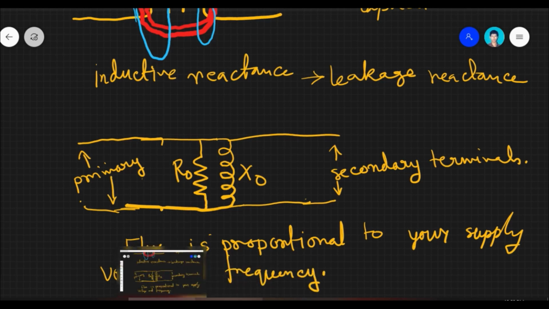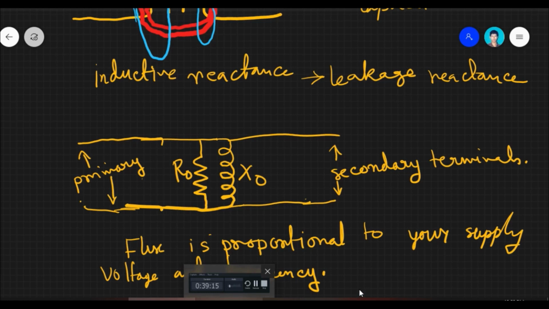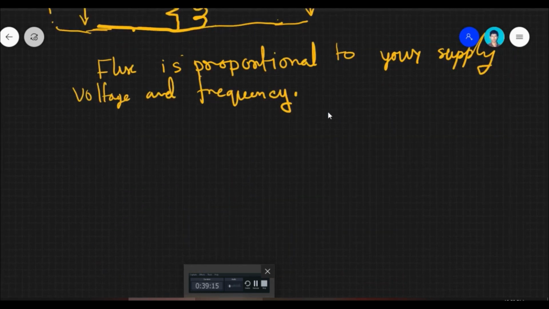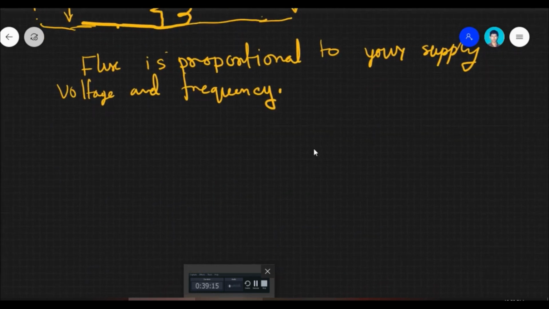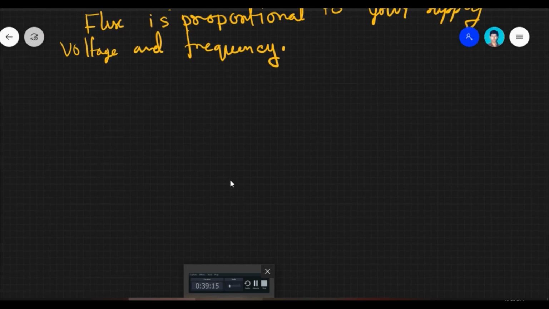Now, if this is the case, consider a situation when you connect a load across your secondary and there is some leakage.